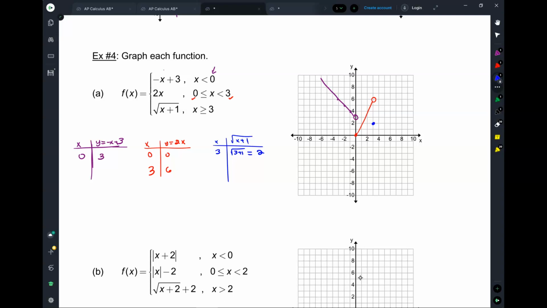What's the next number I should put in so I get a perfect square underneath? I'm not going to put in a 4. 8 is good. It has to be on that side. 8 plus 1 is 9, so it's 3. All right, there.